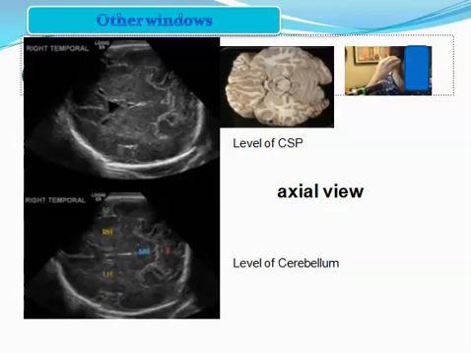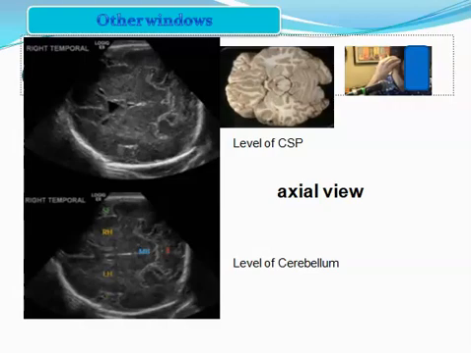This is the midbrain over here, and then this is the cerebellum, and these are the left and right hemispheres, and you can see the Sylvian fissure over here also. So this is the evaluation from the temporal window, the axial view of the brain.